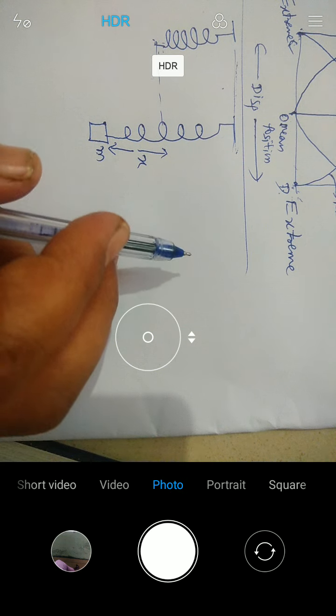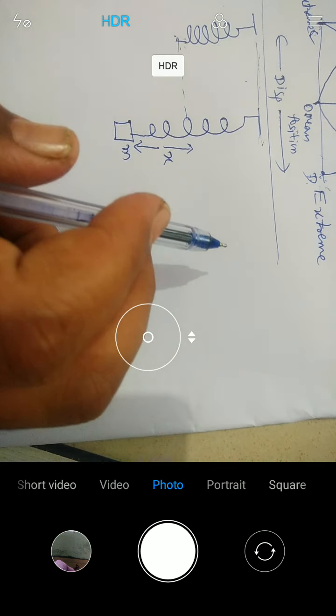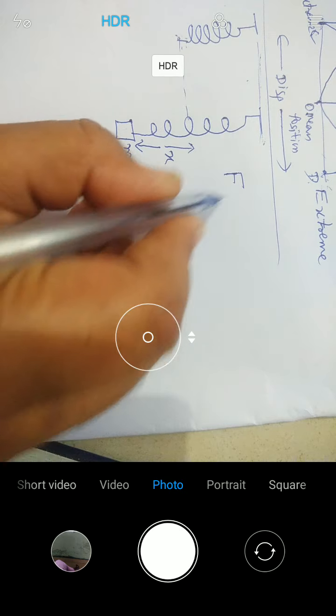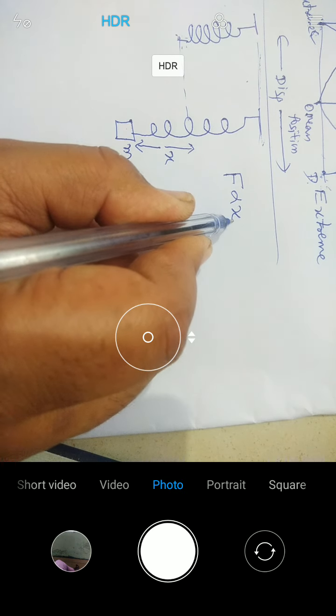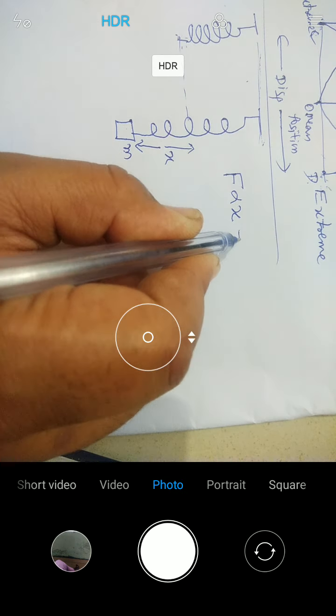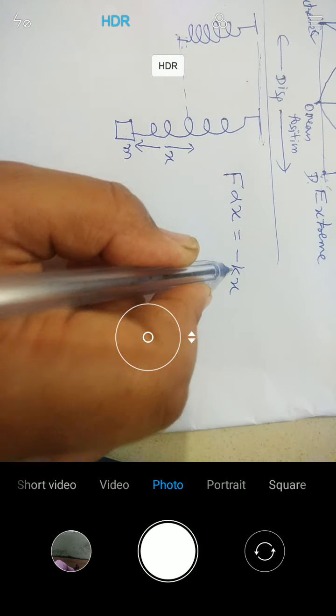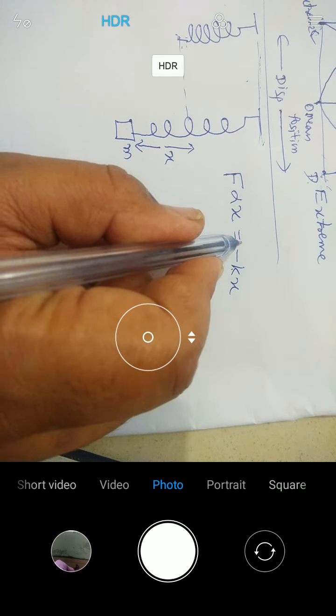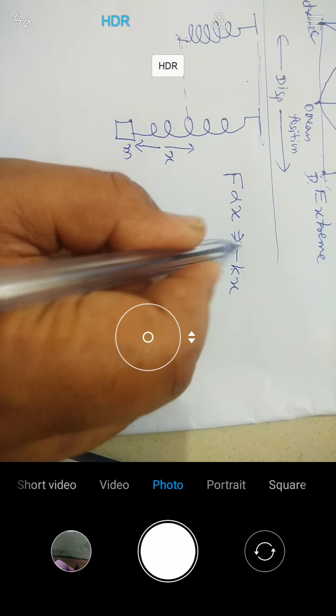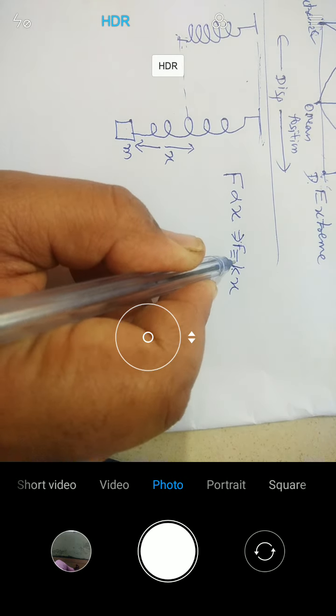The restoring force F of this spring is directly proportional to x, and that is equal to minus kx. So F is equal to minus kx.